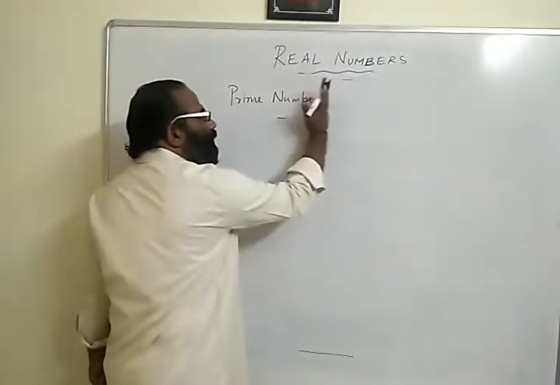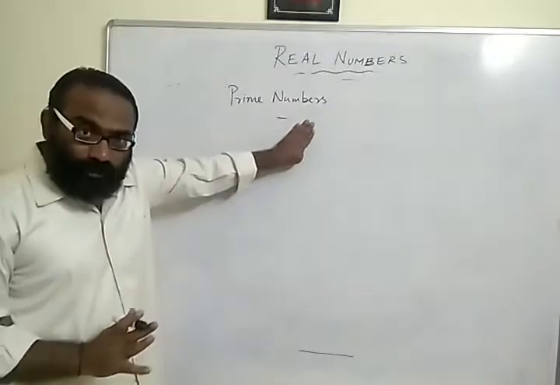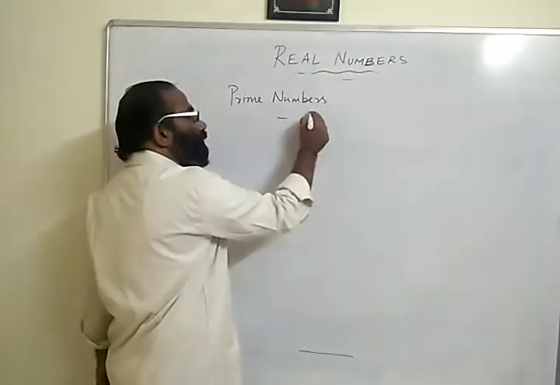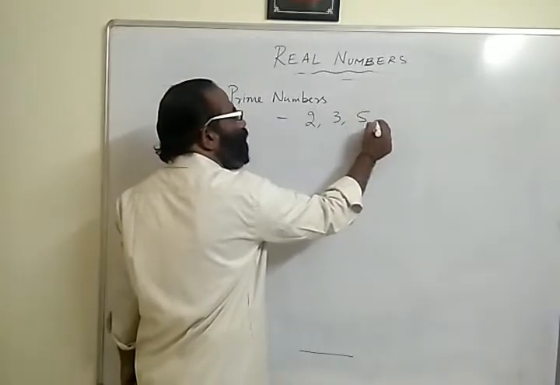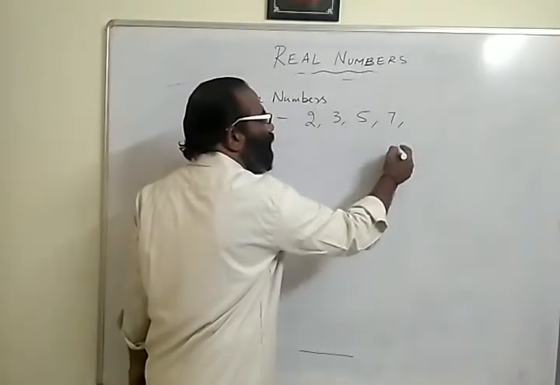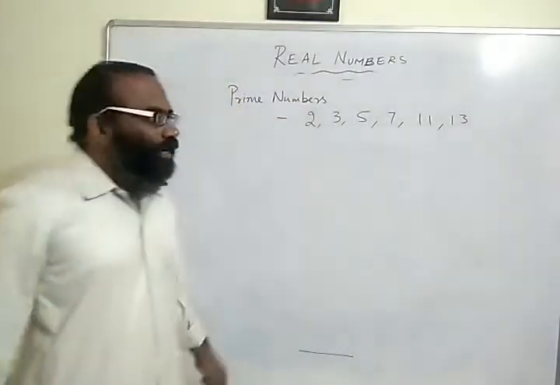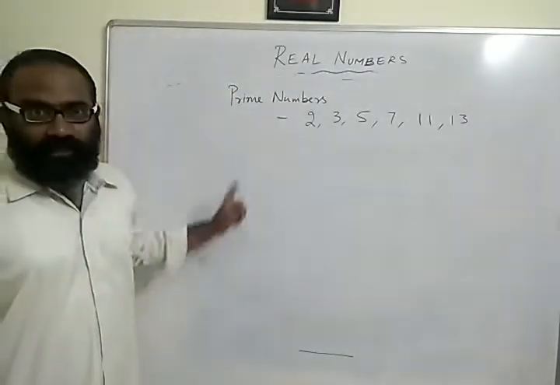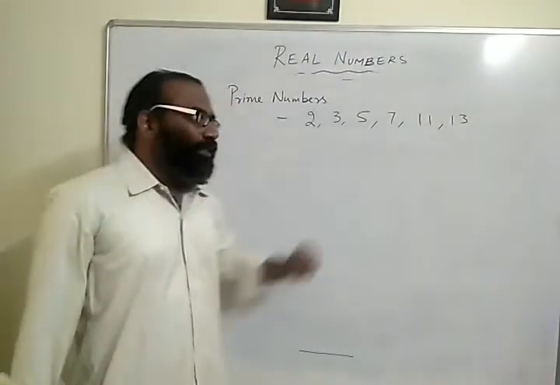But 1 is not considered to be a prime number. It's a special number. The primes start from 2. So 2, 3, 5, 7, 11, 13 and so on. It goes on like this. So these are all prime numbers. You cannot break them down further.